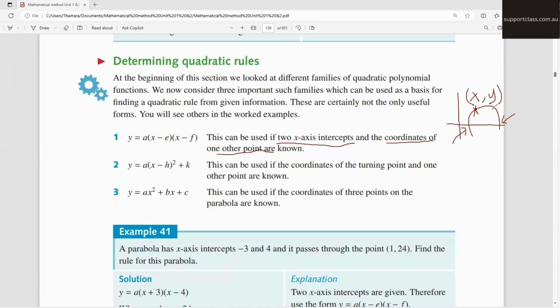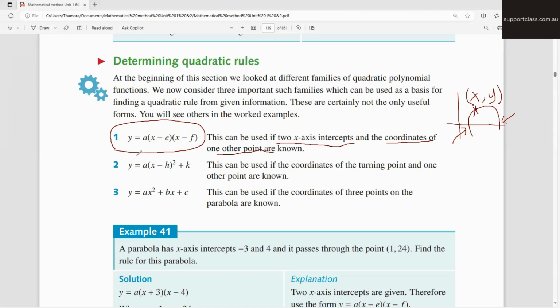In other words, if you are provided with two x-intercepts and one point on the graph, then you go for this null factor theorem method. You use this formula to solve that equation. So that is family one.